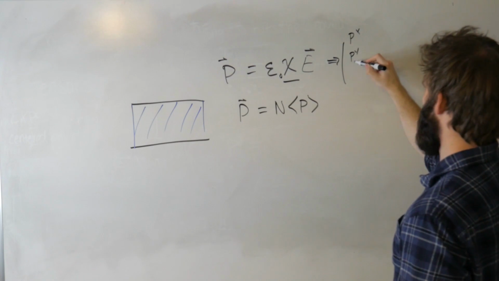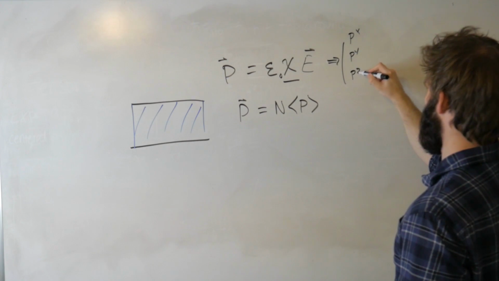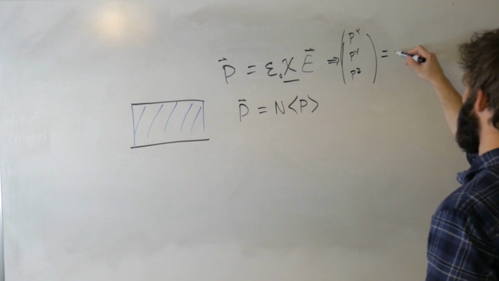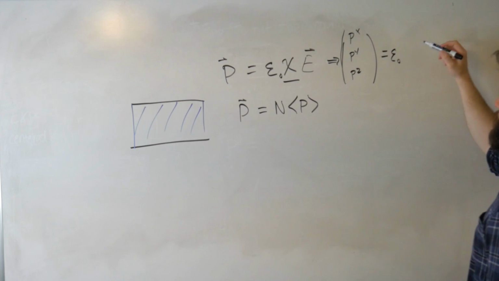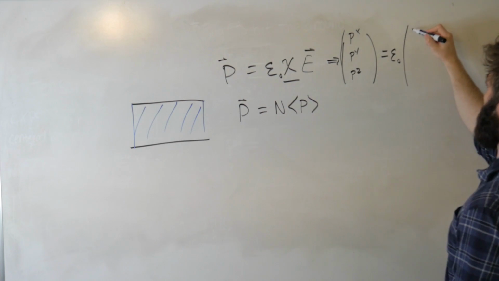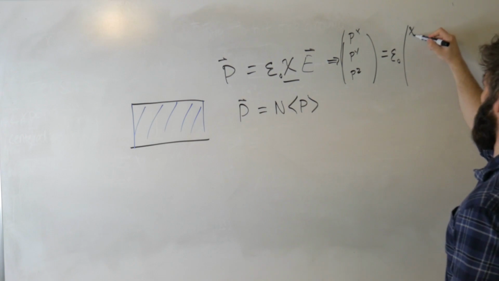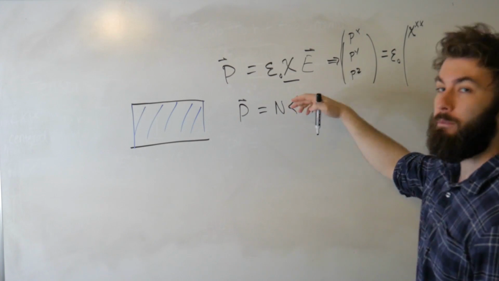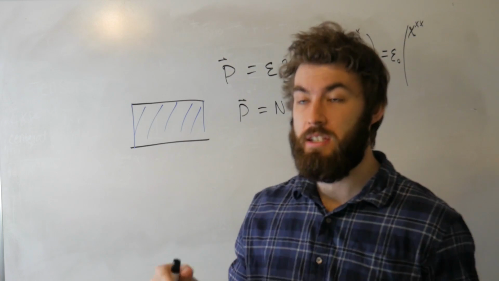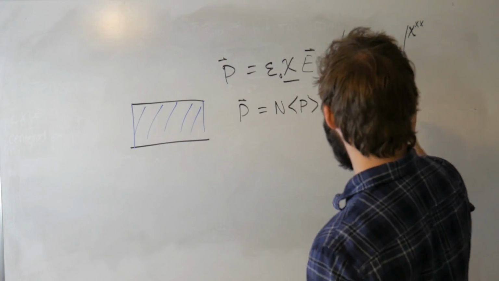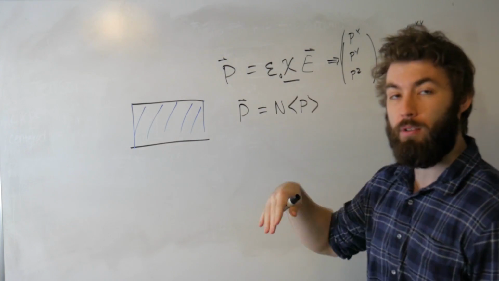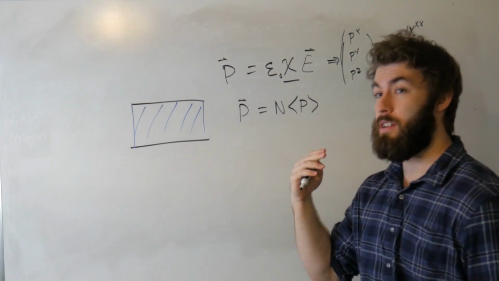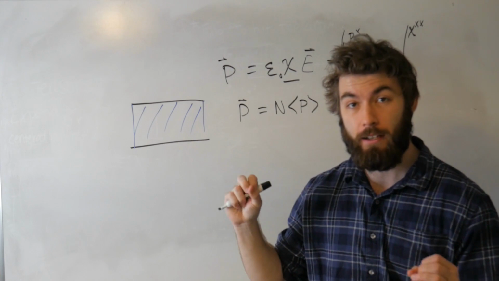Because in reality, the way that we can write this whole equation is by saying we have px, py, pz, a column matrix, equal to epsilon naught times some 3x3 matrix, chi xx. Now, in the case where P is pointing in the direction of E, what this tells us is that this chi can be expressed as a 3x3 diagonal matrix, with 0 off-diagonal components.